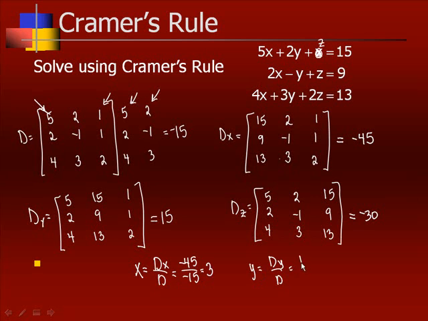Y is Dy over D, which is 15 over negative 15, which is negative 1. And z is Dz over D, which would be negative 30 over negative 15, so z is 2. So we say that our solution would be 3, negative 1, and 2.